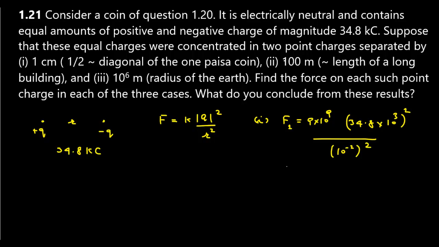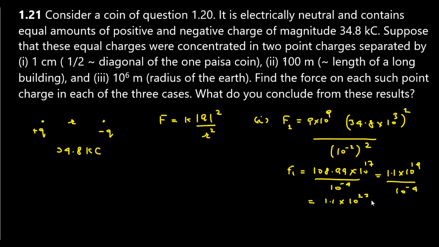So if we solve it, F1 comes out to be equal to 108.99 into 10¹⁷ divided by 10⁻⁴, or simplifying it we can write that it is almost equal to 1.1 into 10¹⁹ divided by 10⁻⁴, and finally we will get 1.1 into 10²³ Newton.